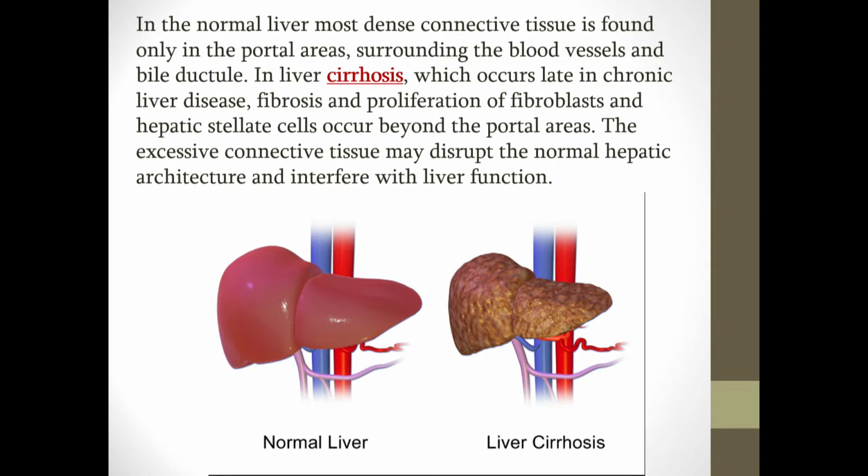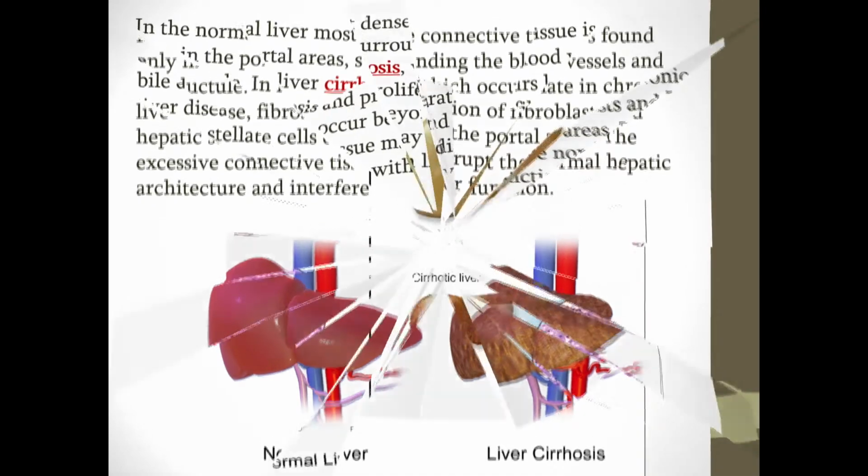If you remember in the heart, after the damages, connective tissue forms in places where there are damaged cells.